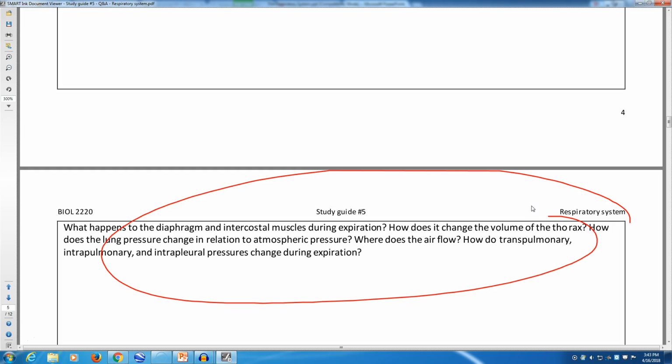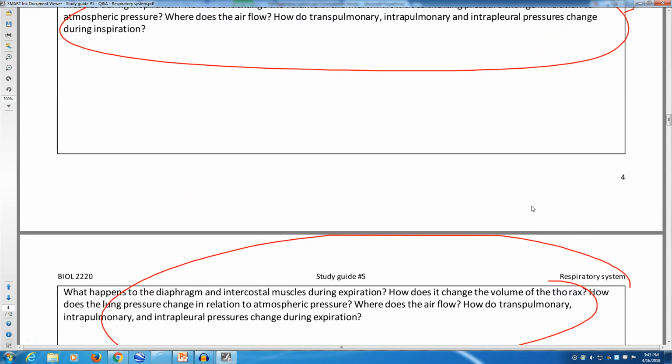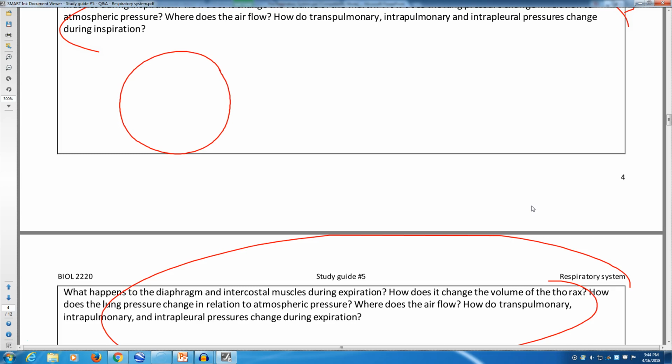Okay, let me just draw it for a second. Do you mind if I draw the circular lung and circular thorax? It's just so much easier. Red is the chest wall. Black is the lung. Okay?